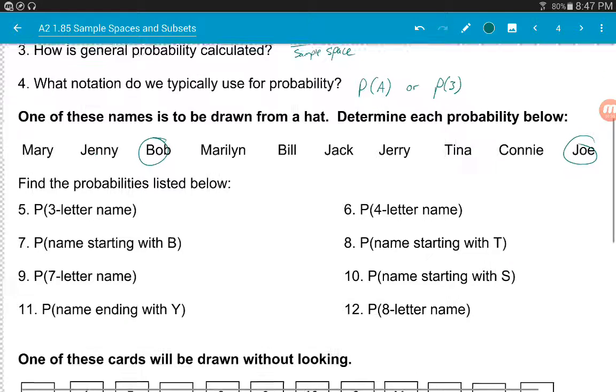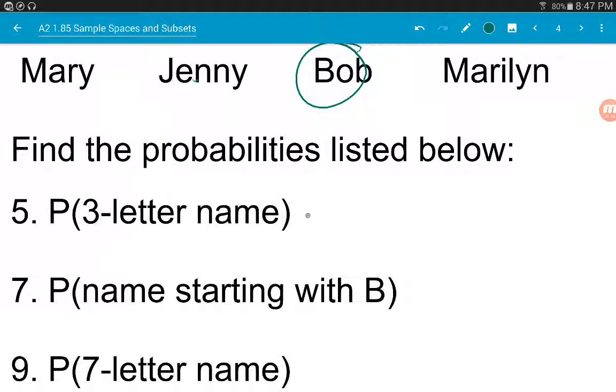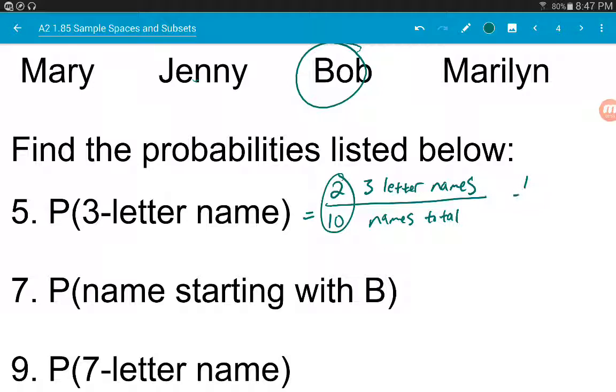Remember, we're talking about how many fit the criteria. So we have 2 3-letter names out of 10 names total. So 2 out of 10, or 1 out of 5 if we simplify it.